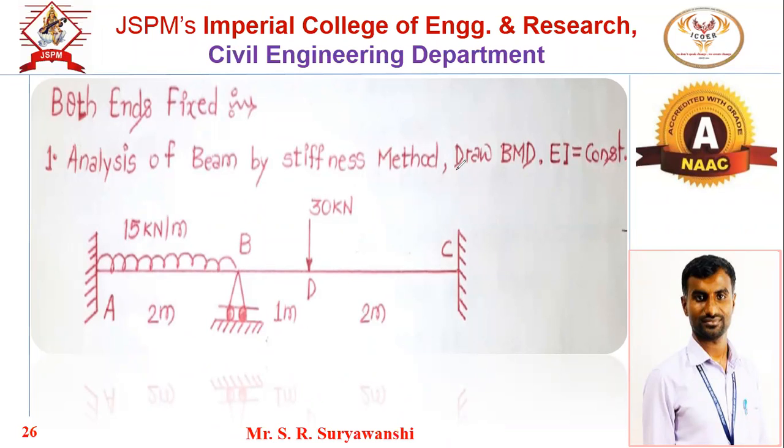Okay. Now initially we will discuss the case where both ends are fixed. So this is the ABC beam. For this ABC beam, we have to analyze this beam using the stiffness method. EI is constant. Now we know that step number 1 is to find out the DKI, the degree of freedom.